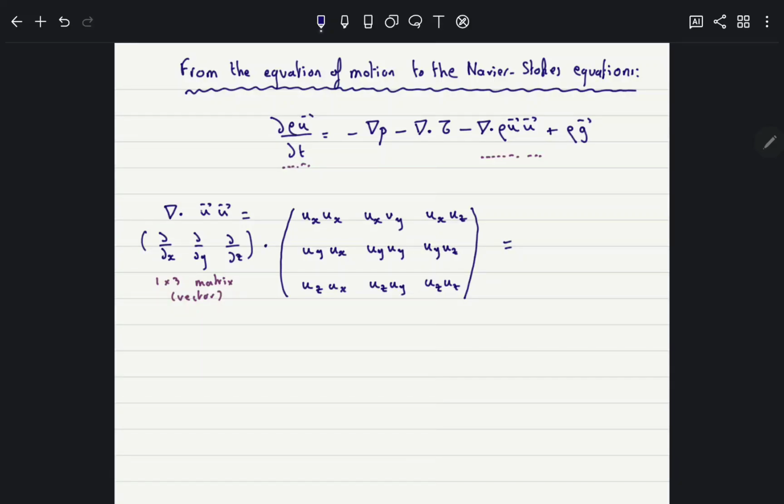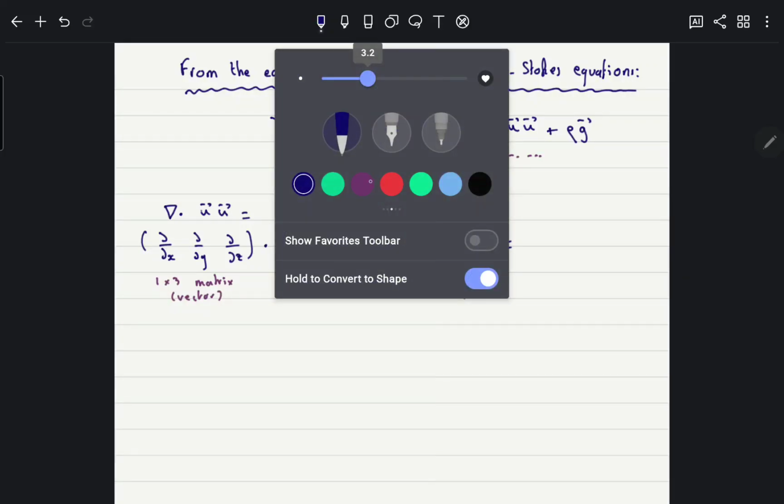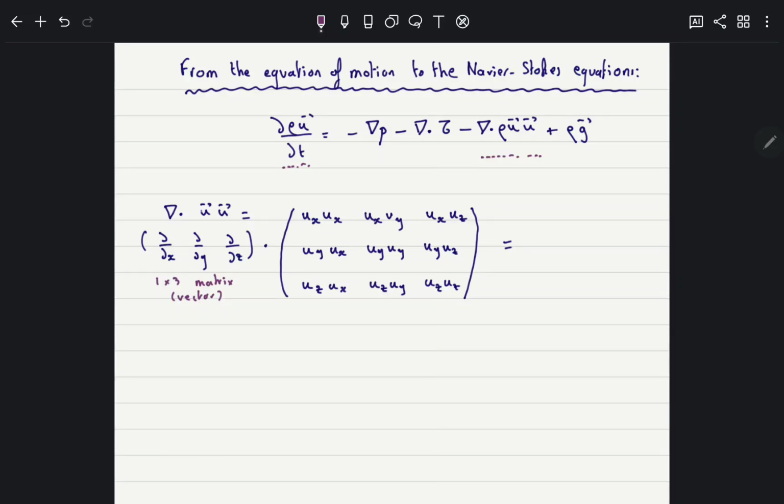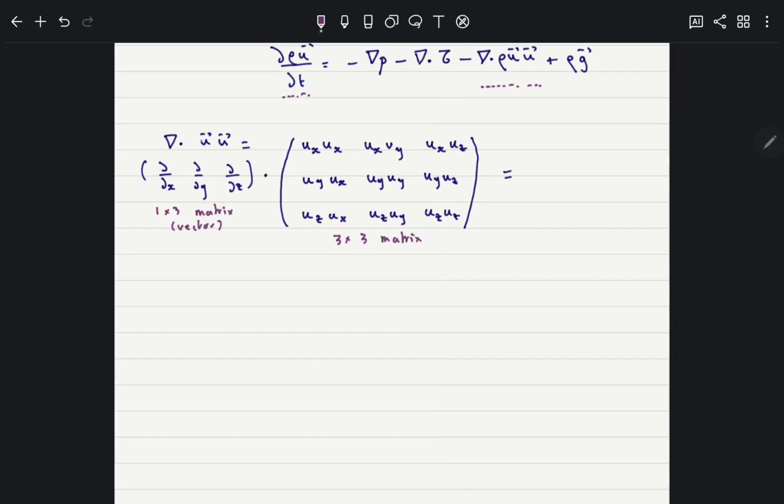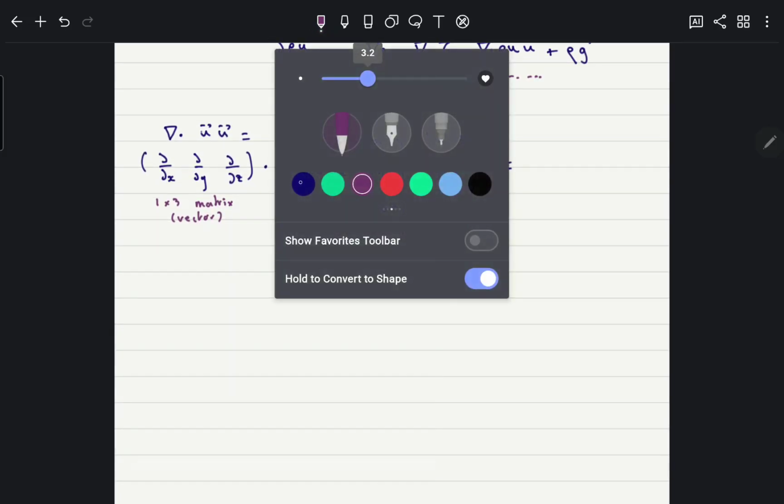Okay, so excuse me, this is a 3x3 matrix, right? So 1x3, take the dot product of that vector with that 3x3 matrix, so that will give you again a 1x3 matrix or another vector. The way I've written it, I should write it as also a row vector, but because I'm lacking space, obviously, I will just write the result as a column vector.